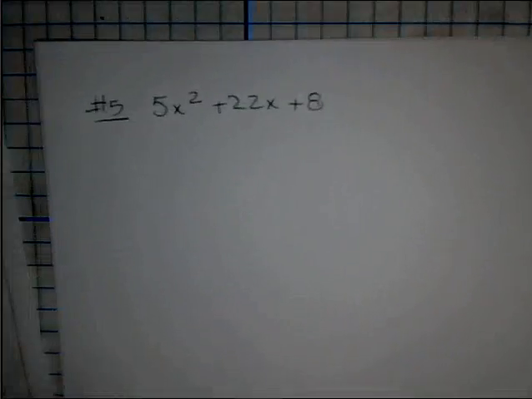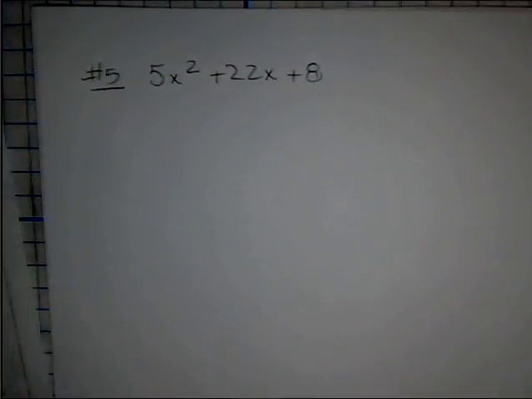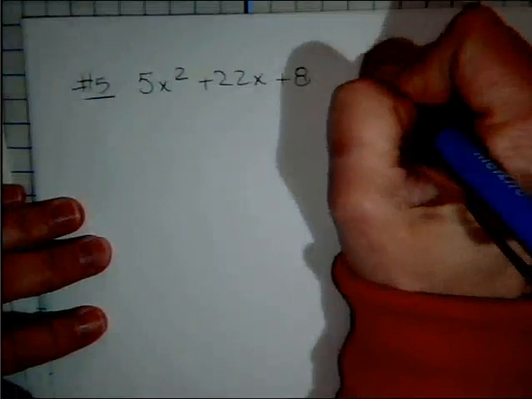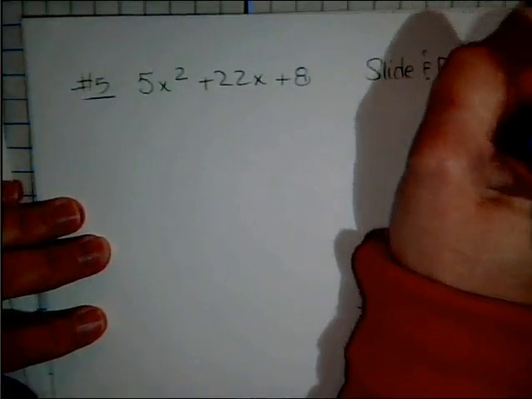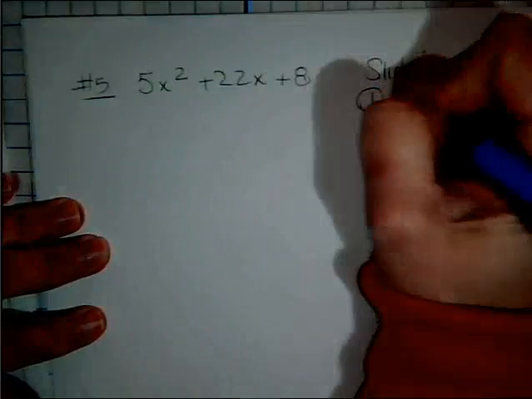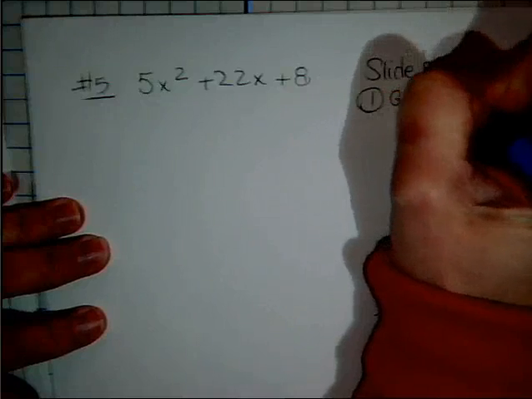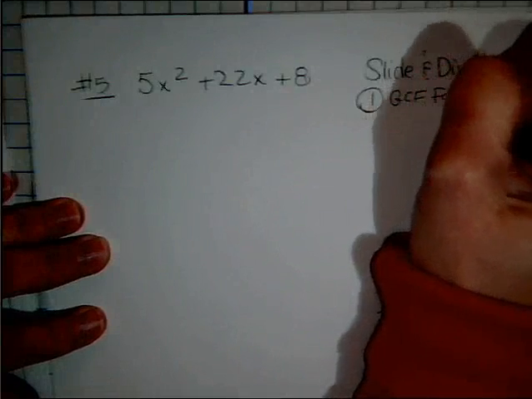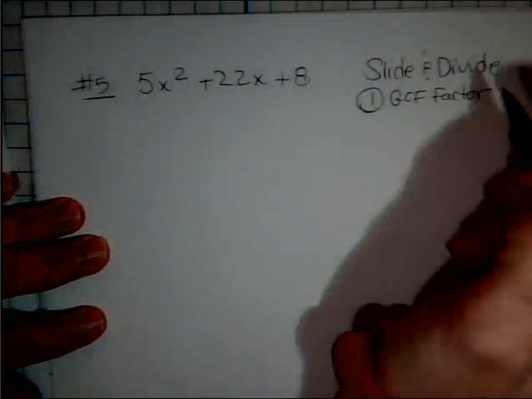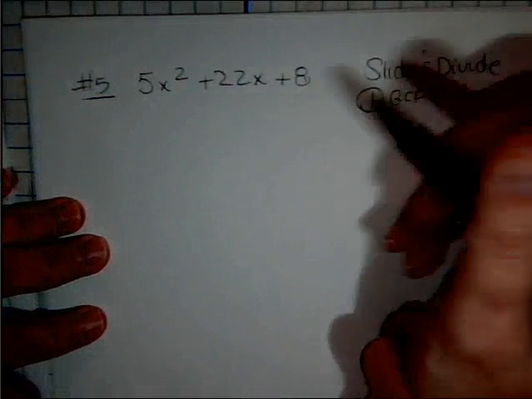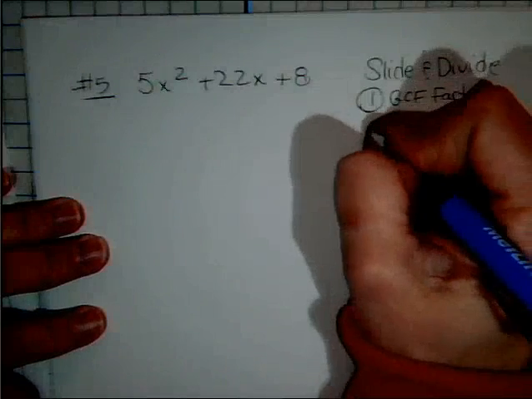With slide and divide, the first thing you have to do is GCF factor. You have to do that first. If we look at each of these, we have no GCF other than 1, so we don't really have to worry about that.